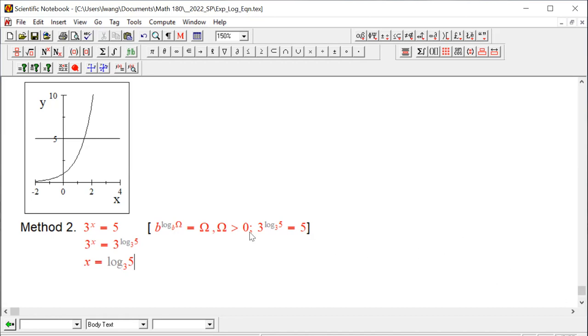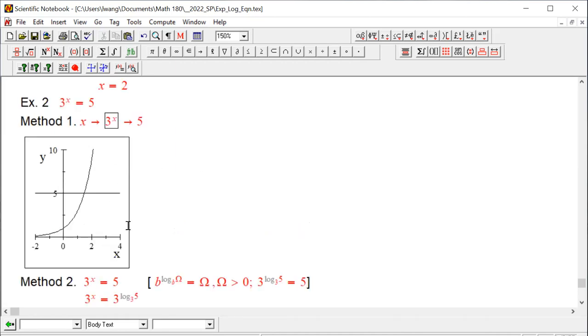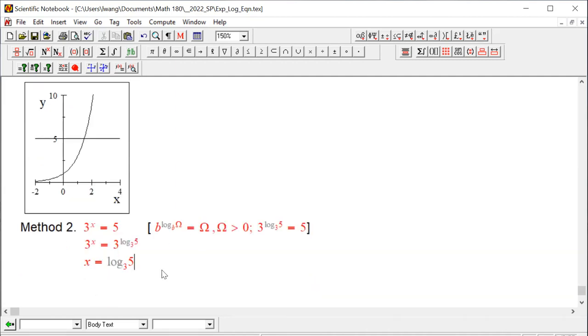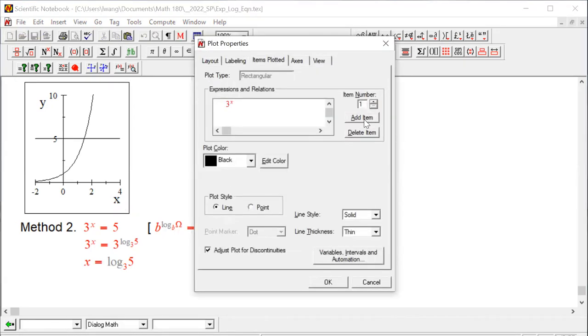You can do change of base if you wish, right? So method 1, you can see, is difficult in this case, right? To identify that point. But because we have this number, we can still use the algebraic way to identify the point.